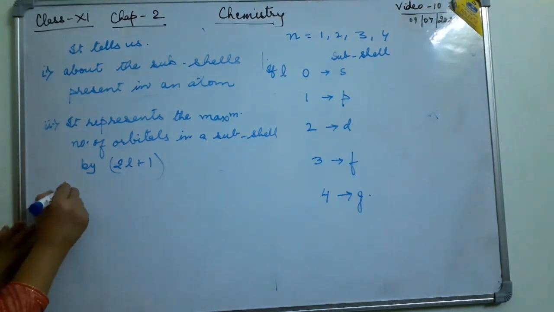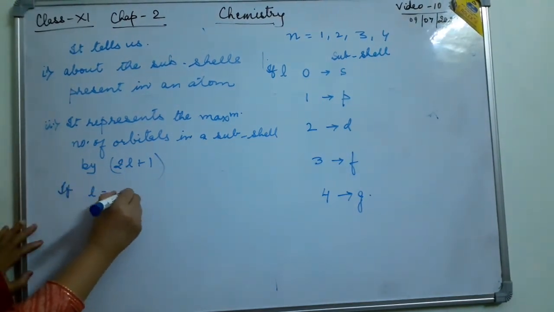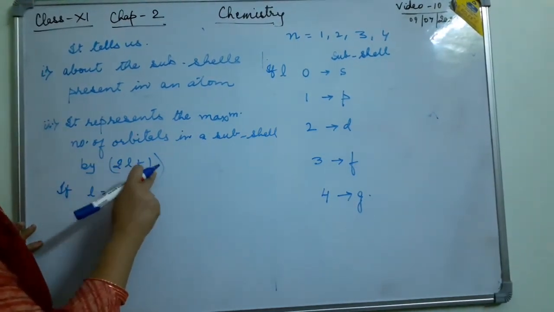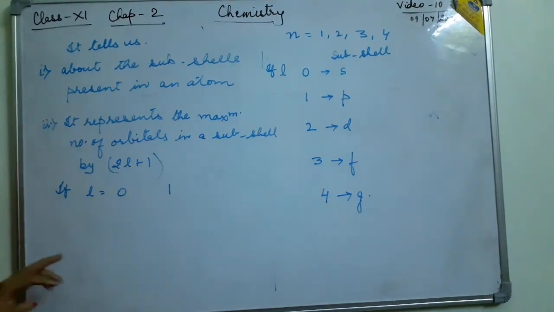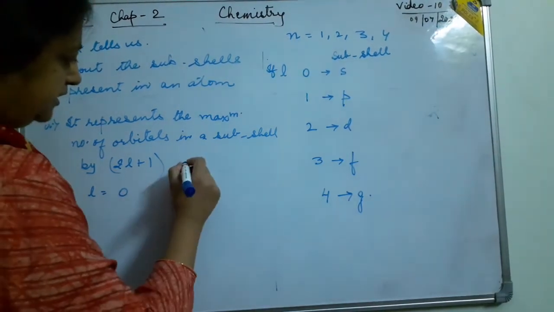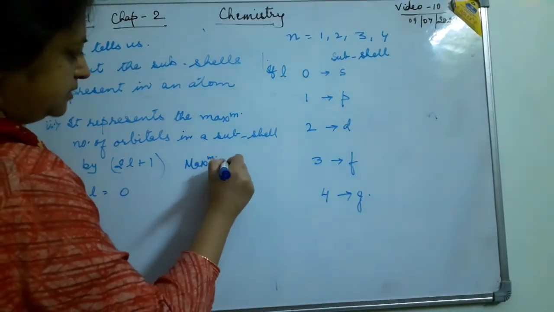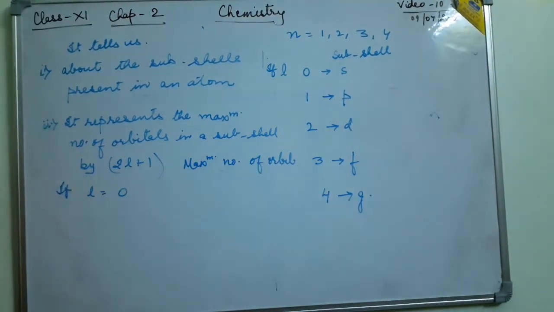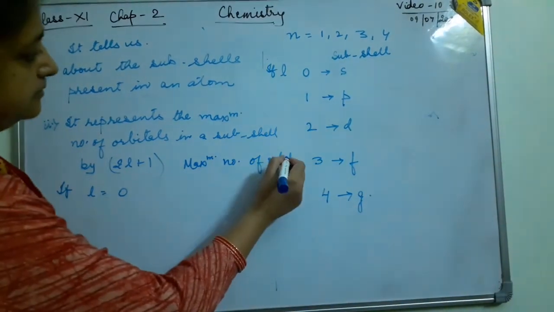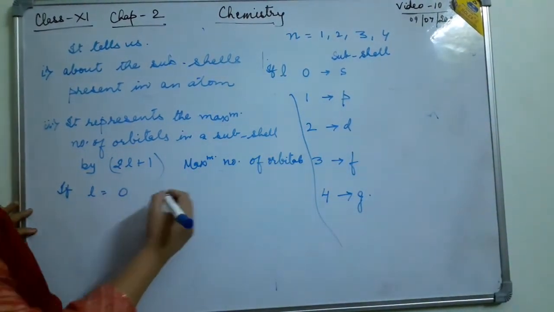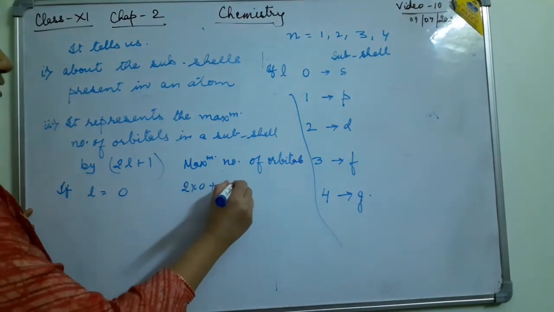If L equal to 0, then 2l plus 1 equal to 2 into 0 plus 1 equal to 1. That means the maximum number of orbitals is 1.